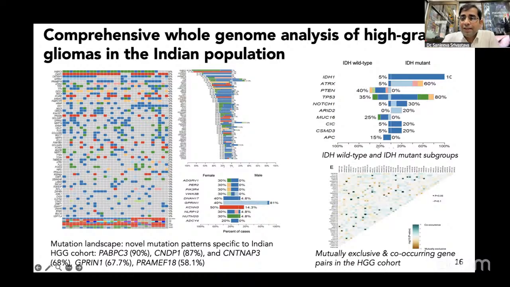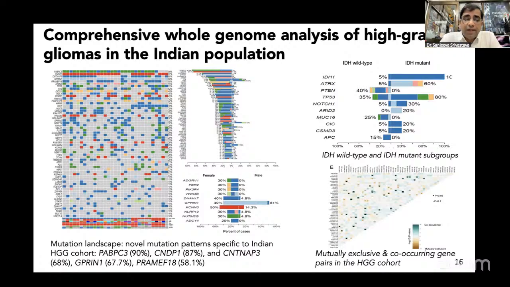I don't want to make a research talk today, but the idea was, when we look at the Indian population of the high-grade glioma tumor, what we could see is that this tumor has already been quite well studied in the Caucasian population, and the Cancer Genome Atlas, TCGA, has already given a lot of novel mutations happening in patients of the North American and European population.